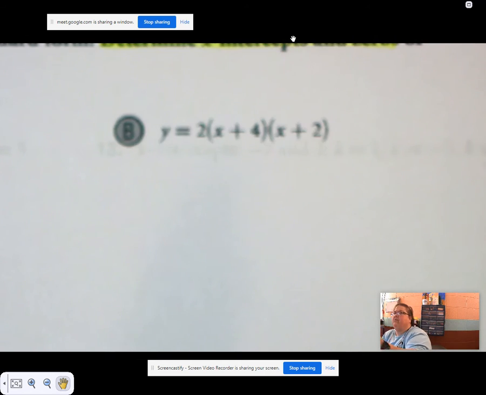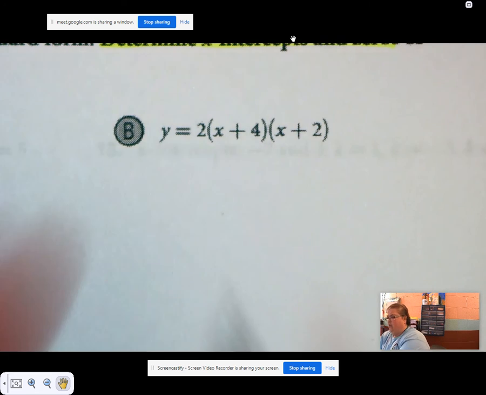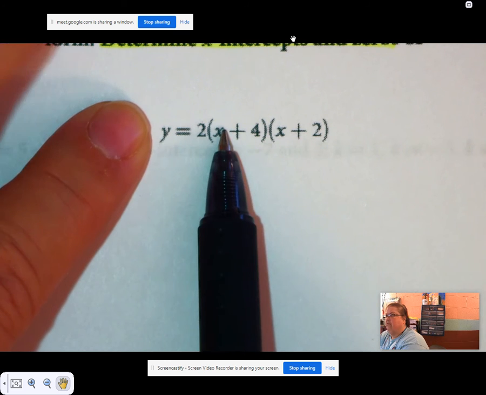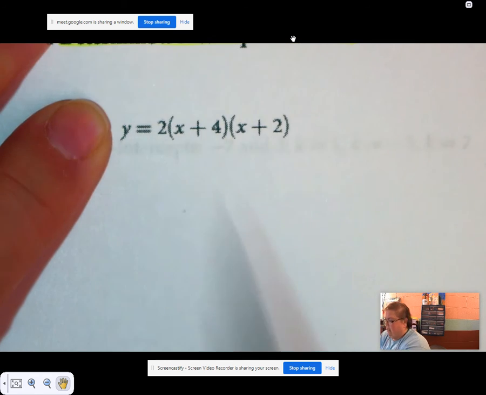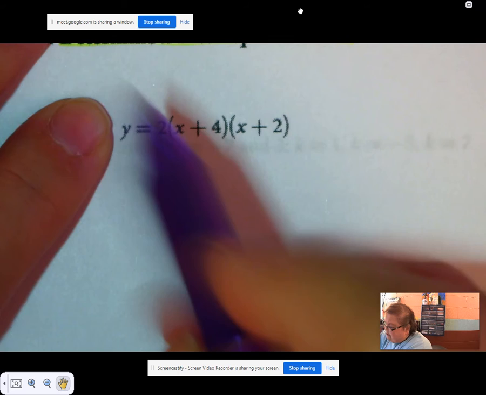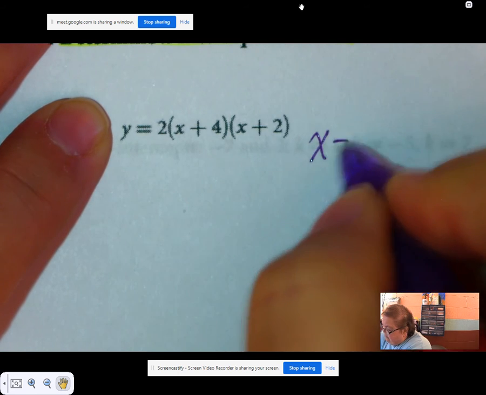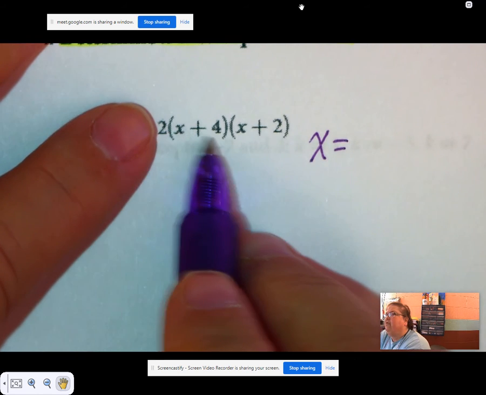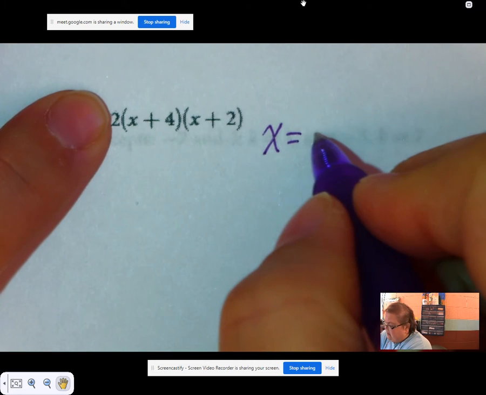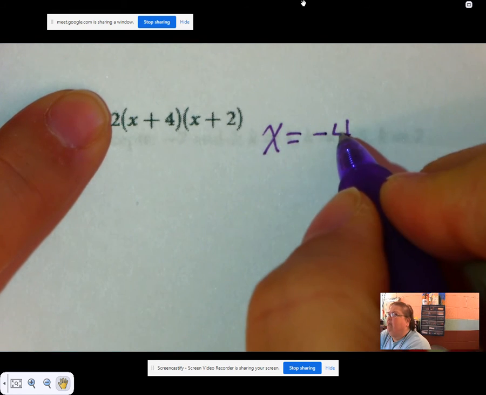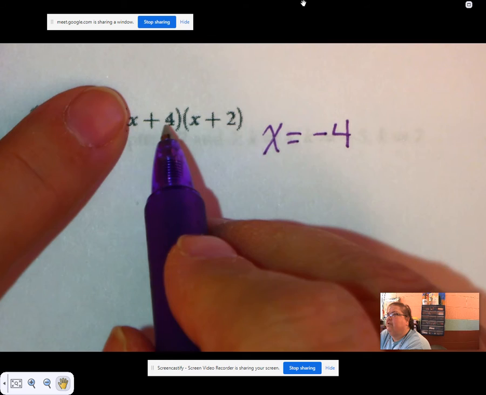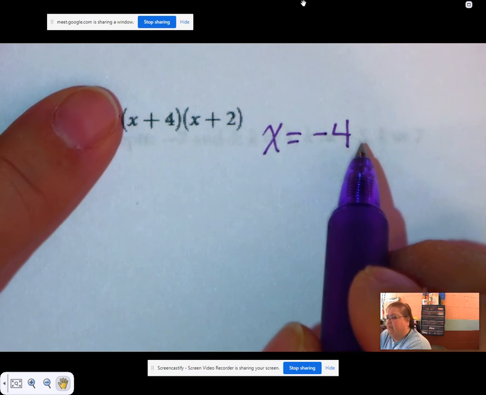So in example B, what I want to know is, what do I substitute in for x to get y equals 0? So here's what it is. For the first parentheses, what plus 4 is 0? Negative 4. It's the same number, opposite sign. This one is positive. I need a negative 1 to get a 0.